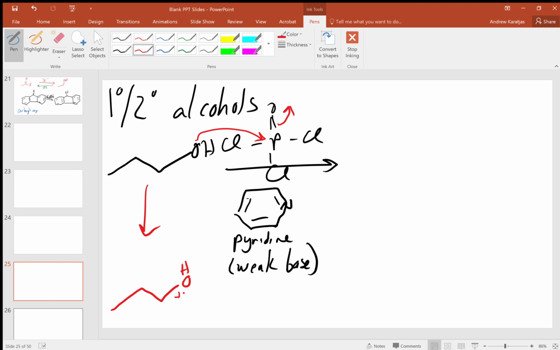Why? Well, this phosphorus is bonded to 4 highly electronegative elements, the oxygen and 3 chlorines. That makes it a very good electrophile. That negative charge on oxygen adds back in, reforms a double bond, and kicks out chlorine.